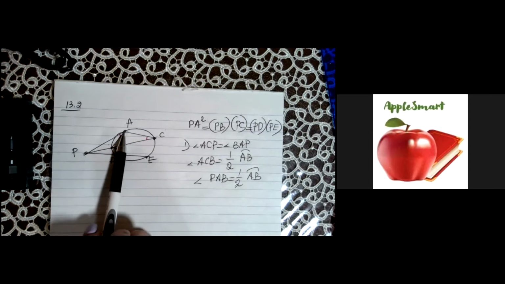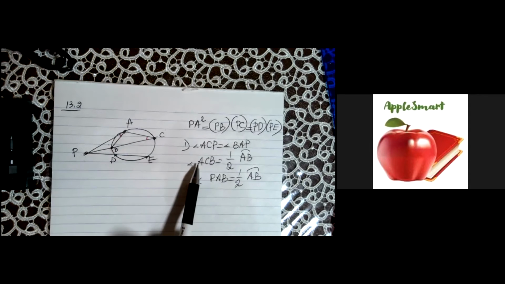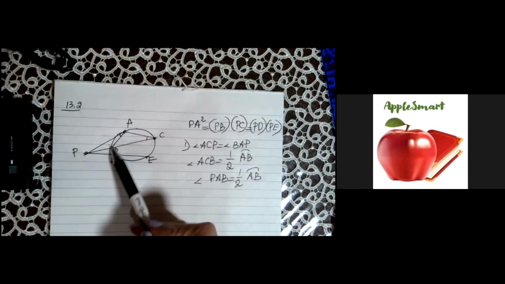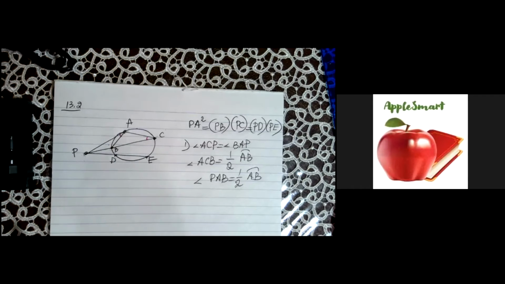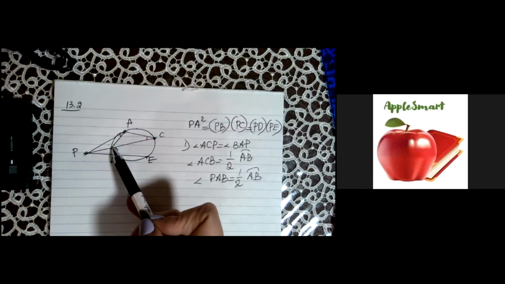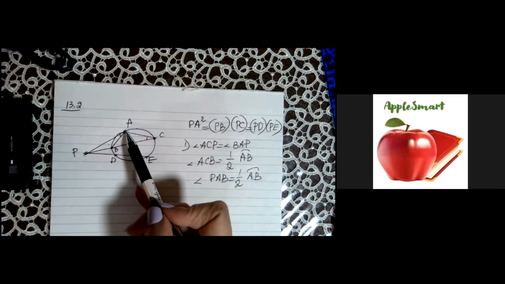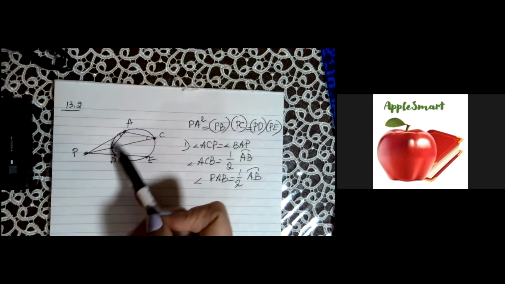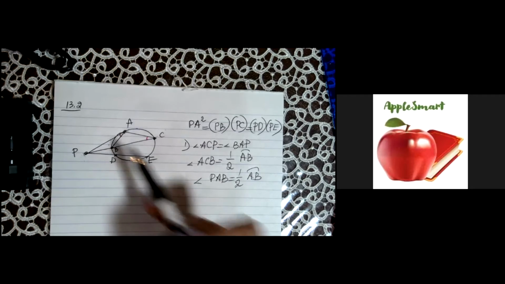Once again, the inscribed angle is always equal to half of the arc that it's sitting on. So that's why angle ACB is equal to half of the arc AB. The angle between the tangent and the chord is also equal to half of the arc that the chord is cutting from the circle, which will be half of the same arc.